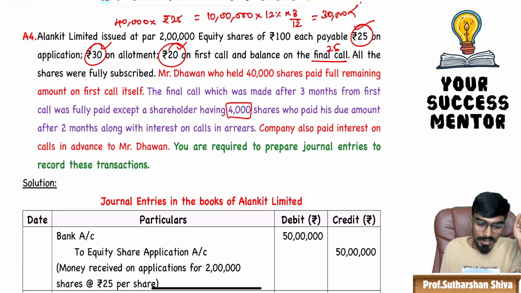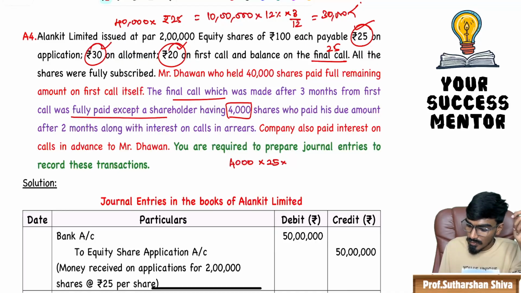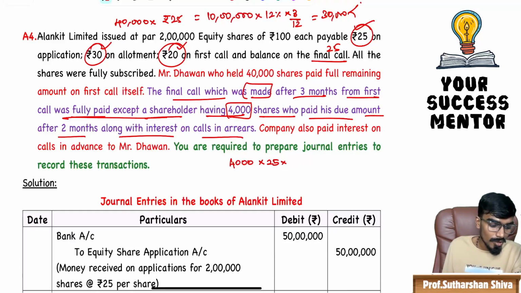4,000 shares have calls in arrears. 4,000 shares into how much is calls in arrears? 25, because the final call, which was made after 3 months from the first call, was fully paid except by a shareholder of 4,000 shares who paid his due amount after 2 months along with interest. The arrears is in the final call, not the first call.